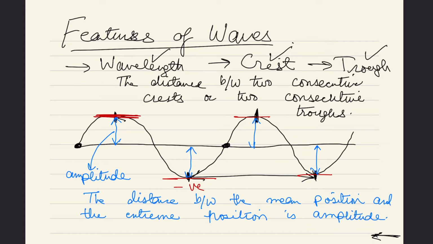Right? So this is the definition for the amplitude. So this is another feature of the wave. So after amplitude, we have to discuss the wave speed and the frequency. So let's move on towards the frequency.